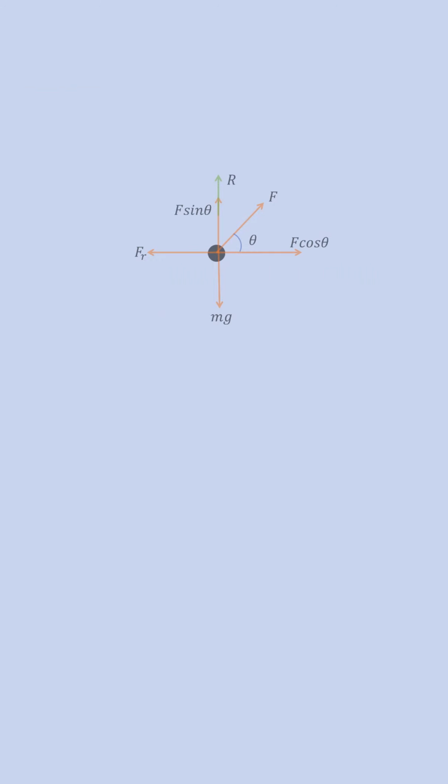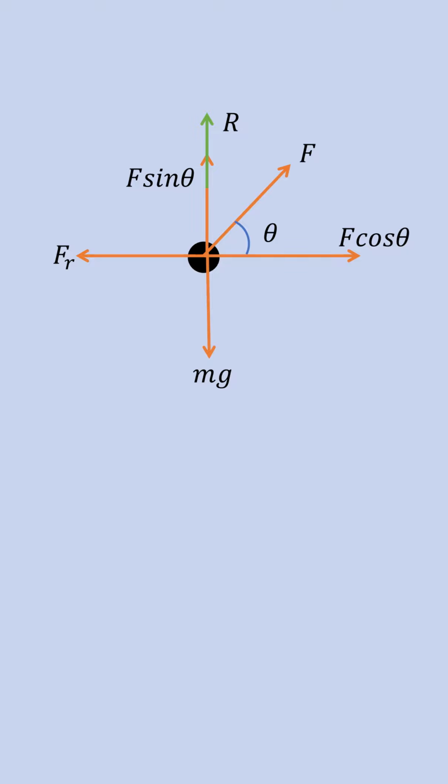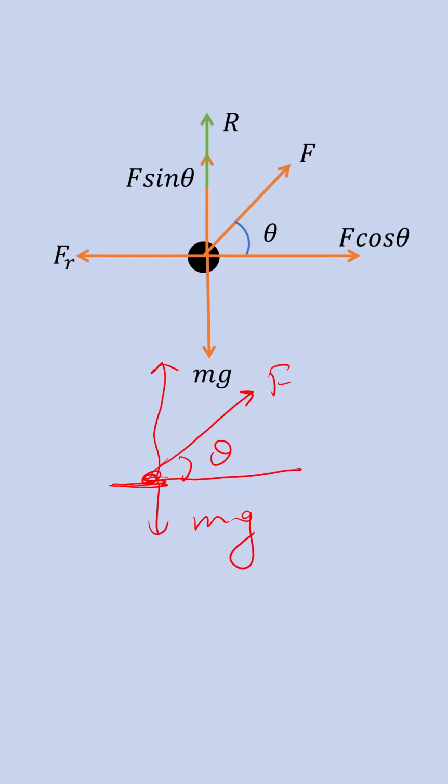Now the free body diagram. These are the forces acting on the body. Let's see it once again. Here is the body, and we have applied force F at an angle theta. The weight mg acts vertically downward, and the normal reaction acts upward.